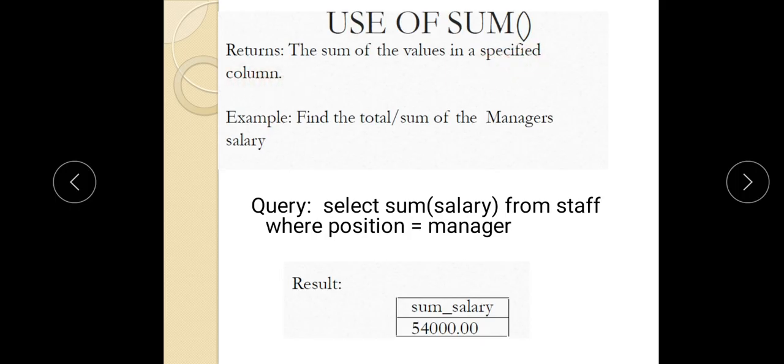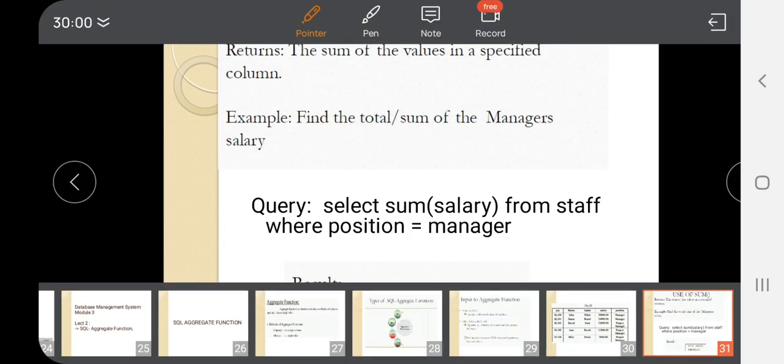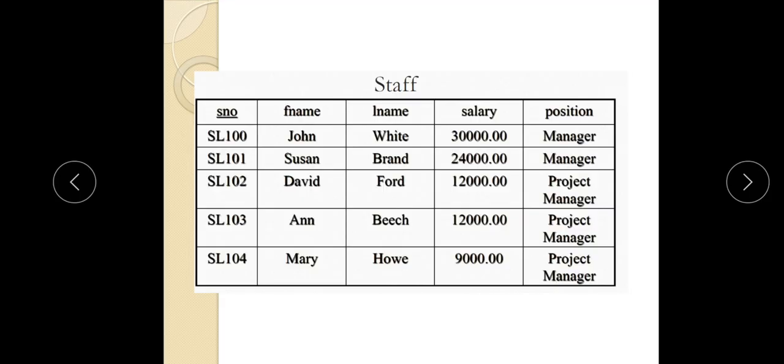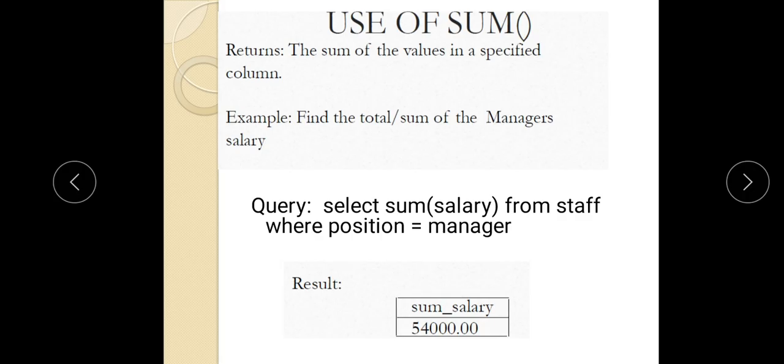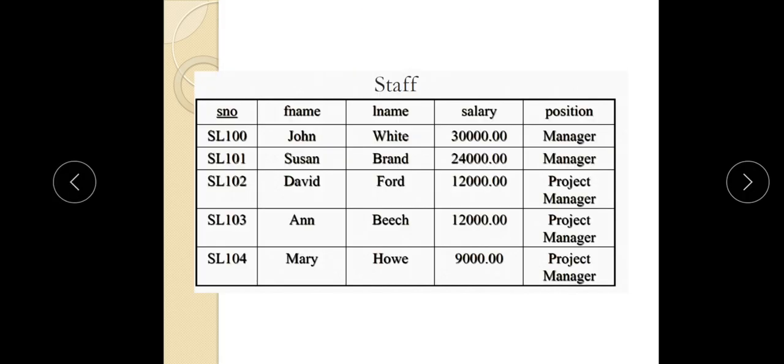For example, the question is: find the total, or the sum, of the managers' salary from this table called staff. In this table, we want to compute the sum of the salary of the managers.